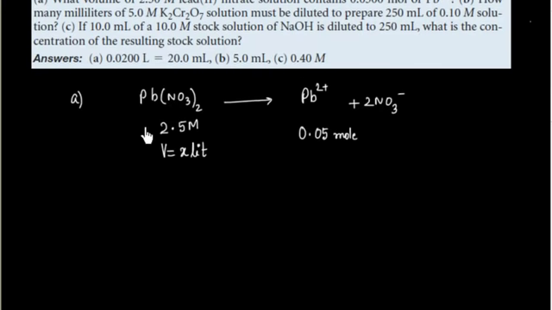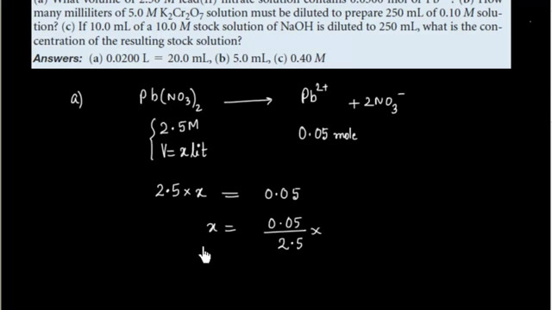So the idea is simple. We can calculate moles of Pb2+ because lead nitrate contains Pb2+. So moles of Pb2+ here is equal to moles of Pb2+ here. That is 2.5 into x, this is equal to 0.05. So x is equal to 0.05 divided by 2.5, and we can calculate in milliliter, so we have to multiply this by 1000.